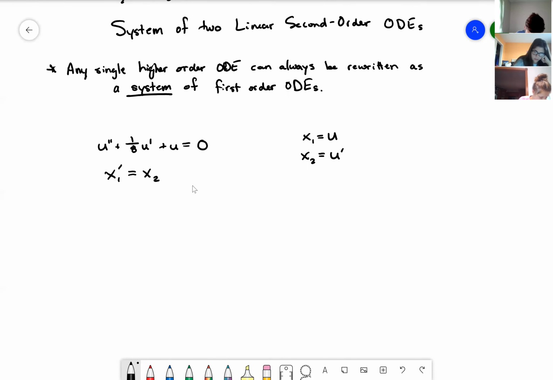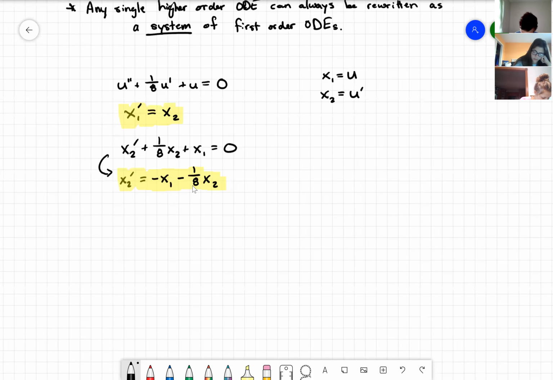And then u double prime will be x2 prime, so x2 prime plus 1/8 x2 plus x1 equals 0, or rewriting this with just the first order derivative on the left-hand side, x2 prime equals minus x1 minus 1/8 x2. And you can see it was pretty straightforward to make this conversion.